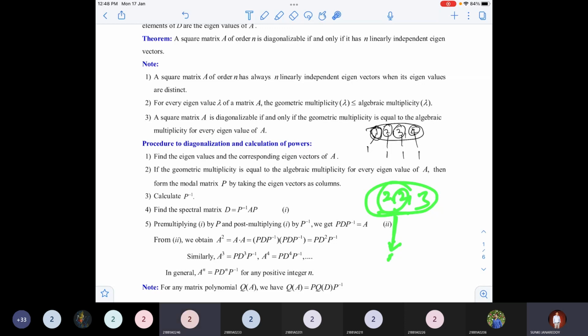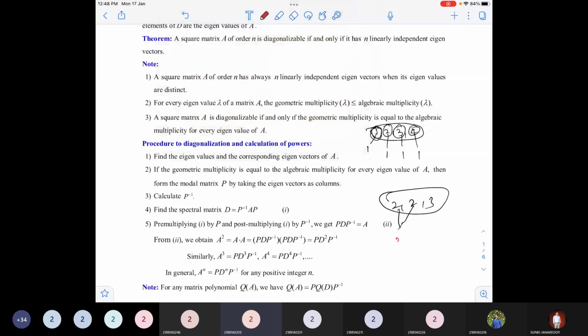How many times is it repeated? 2 times, so it is 2. And the algebraic multiplicity of 3 is 1. For repeated eigenvalues also we can find the eigenvectors.